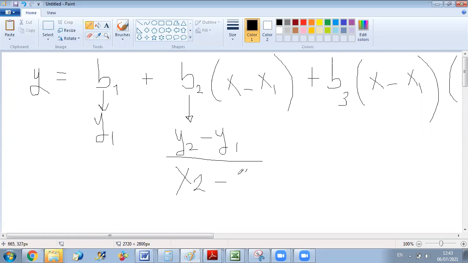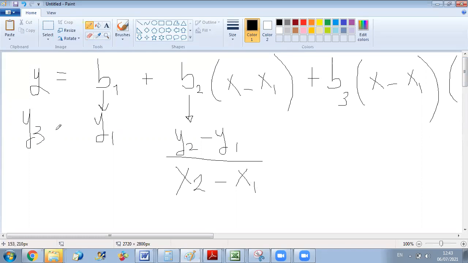So now we rearrange the terms, okay? By rearranging the terms to find b3, we put the condition. What is the condition to have b3? We have y3 is obtained when x is equal to x3.